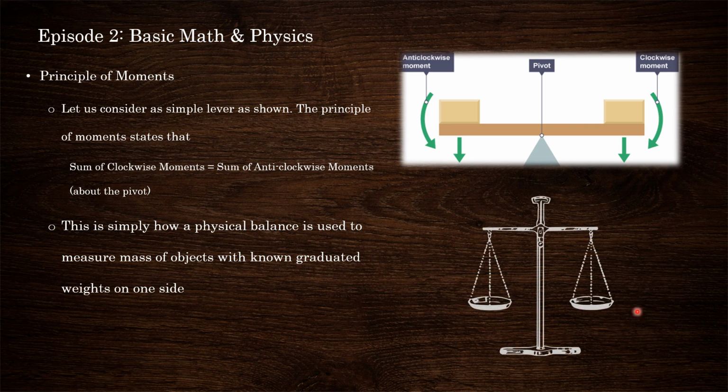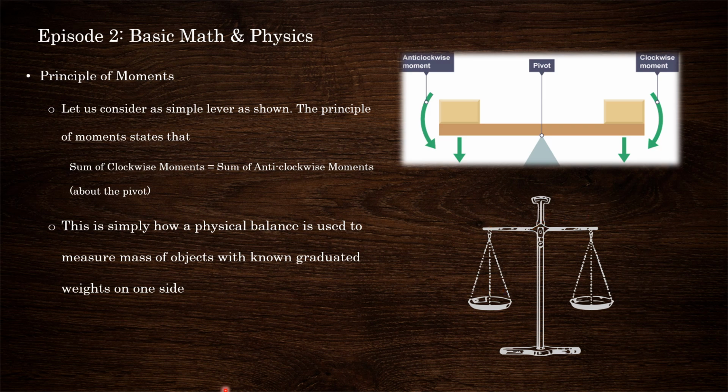So this works on the principle of moments, simply saying the sum of the clockwise moments is the same as the sum of anticlockwise moments. Here, the distance from one to another is equidistant, in general. So all they have to do is add a set of graduated weights here and then add vegetables here. And if they put 1 kilogram here, the vegetables also will weigh, not weigh technically, there'll be a mass of 1 kilogram.